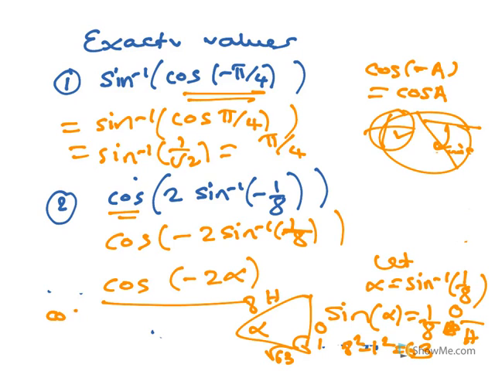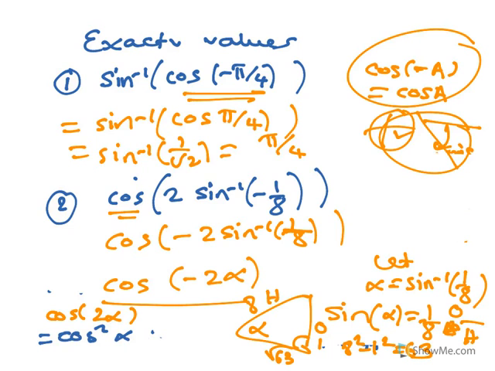So now cos of minus 2 alpha will just be cos of 2 alpha because of this rule up here, which is equal to, you can put it in terms of cos and sine: 2 cos squared alpha minus 1, or 1 minus 2 sine squared alpha.